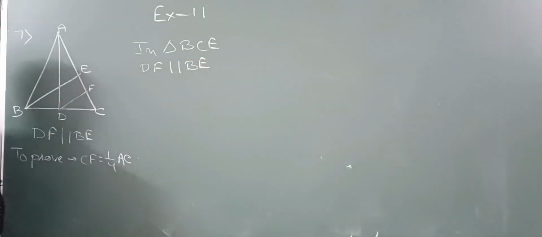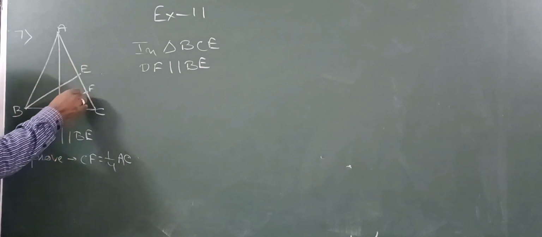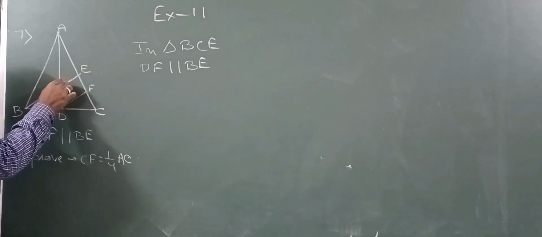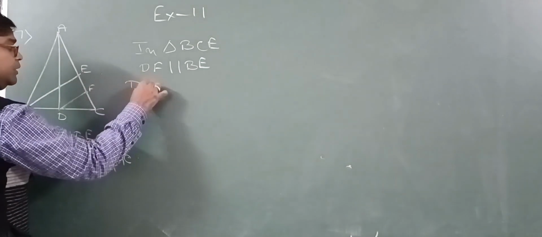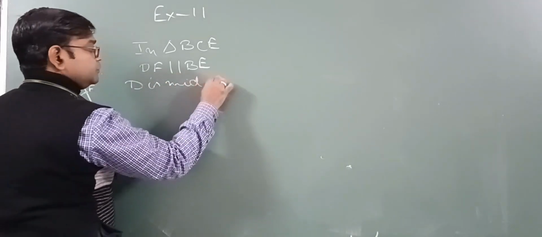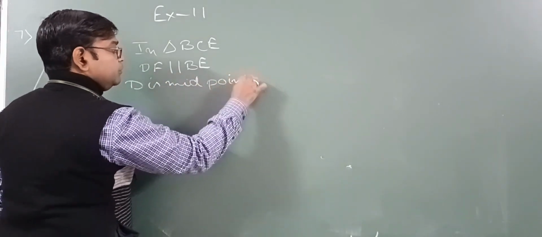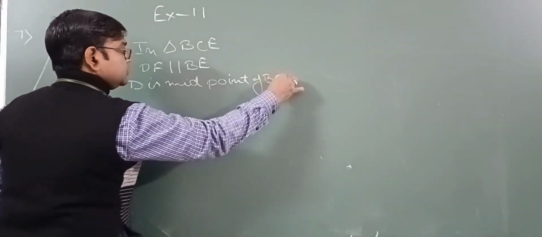It's given to you. If this line is parallel to this one, and we know that D is a midpoint of BC, again by the converse of midpoint theorem, F is the midpoint of CE.